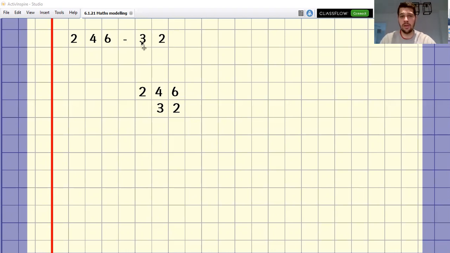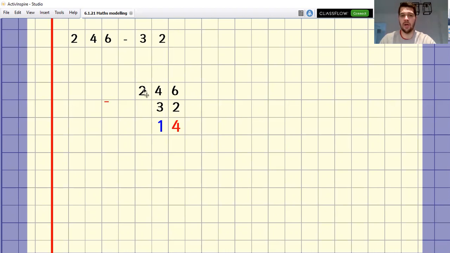So I've got 3 10s and 2 1s. So my 3 has to go in my 10s column and my 2 has to go in my 1s column. So we start from the right. So 6 take away 2 is 4. 4 10s minus 3 10s is 1 10.